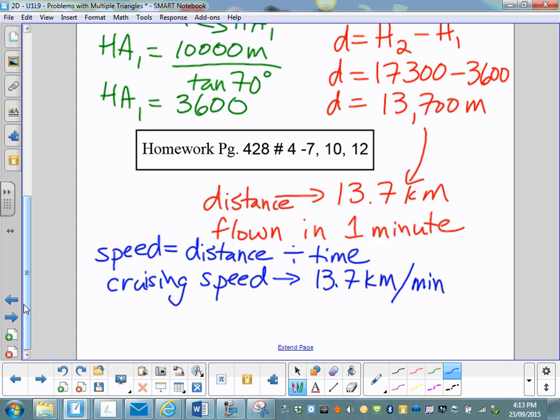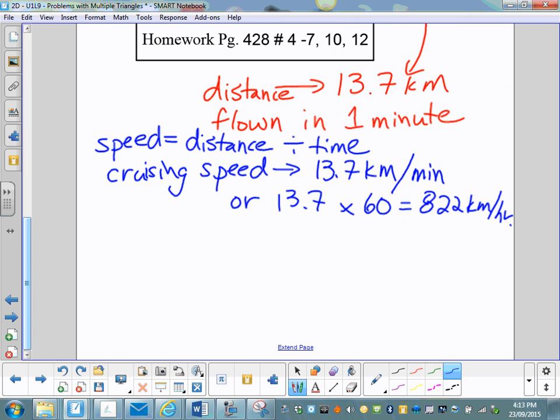But we really want to show that in kilometers per hour. Because really, if you're talking about a distance that you're traveling, you're not going to say how many kilometers you go per minute. It's going to be kilometers per hour, especially if you're in a plane. So we're going to take the 13.7 and multiply that by 60, because there's 60 minutes in an hour. So it's going to be 822 kilometers per hour.